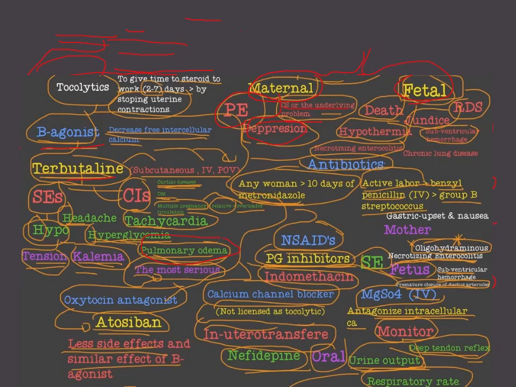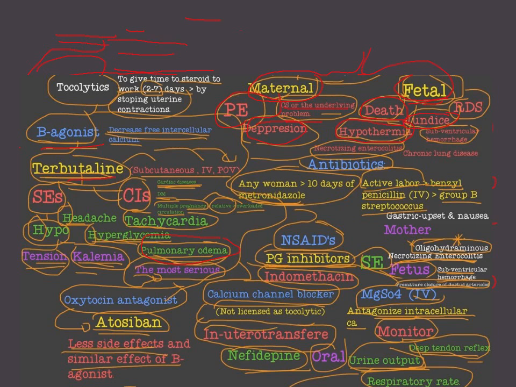What about fetal problems? There are some problems that are due to prematurity itself, and other problems due to the side effects of drugs. Death is one of the complications of preterm labor. Hypothermia, why? Because the head circumference of the baby is large in preterm babies, so they lose a lot of temperature, so we have to put a hat on preterm babies.